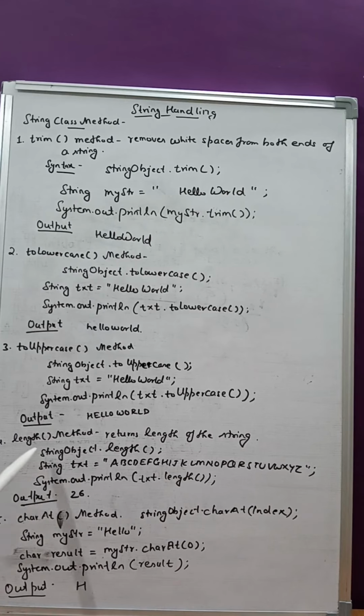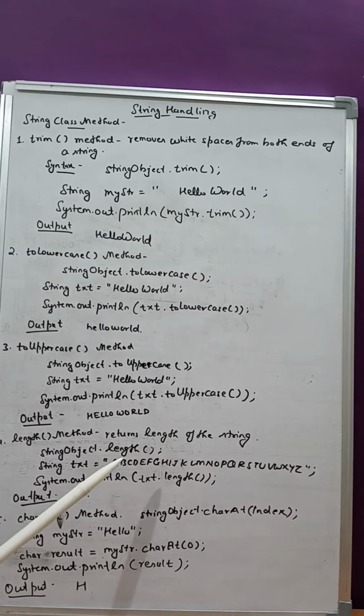Over there you wrote a.length and your work is done, but over here the syntax is string object followed by length, with round brackets. Suppose in the example we have taken, string txt is equal to abcd, and so on from a to z.